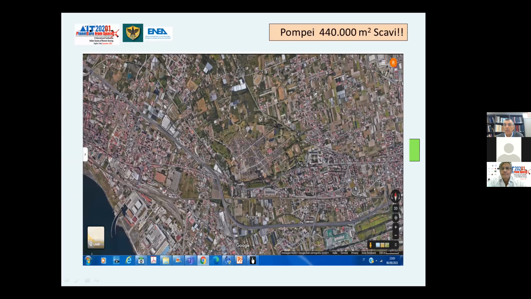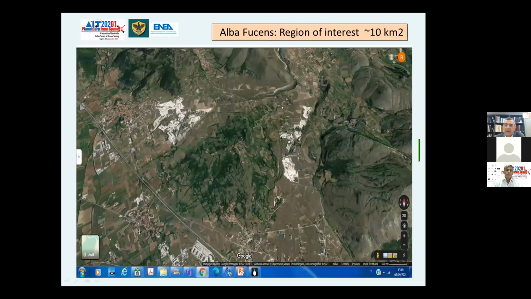Just some examples: Pompeii. Pompeii has a huge surface of relics and surfaces. And Alba Fucens, a template on which we are working, consider that the area is very large, we speak about over 10 square kilometers.